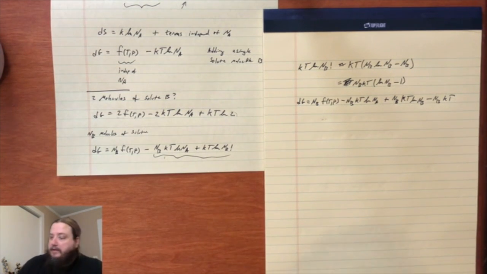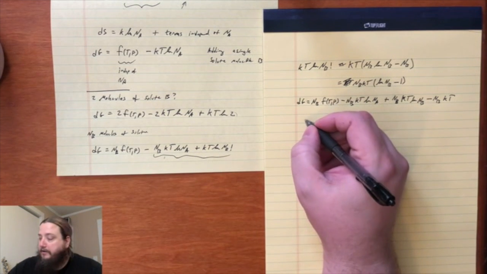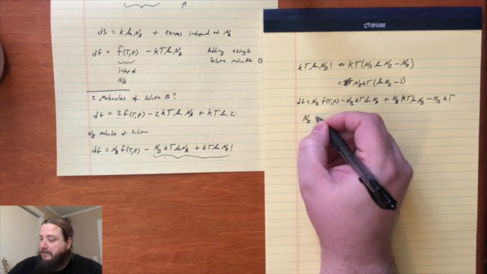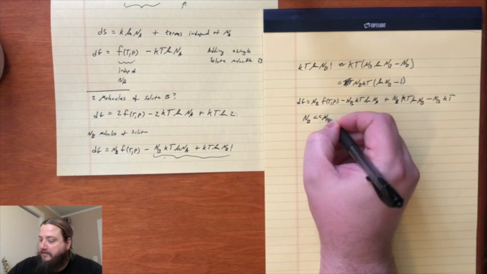And this again requires that NB is much, much less than NA.